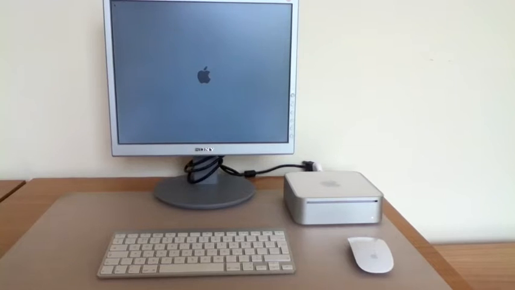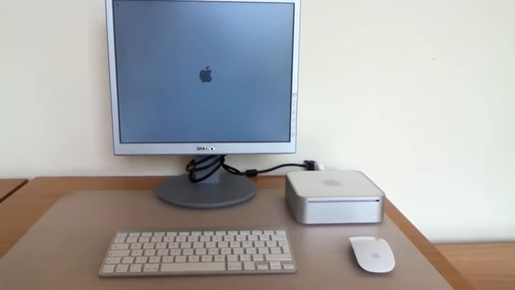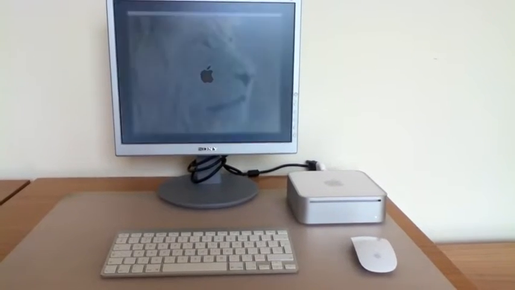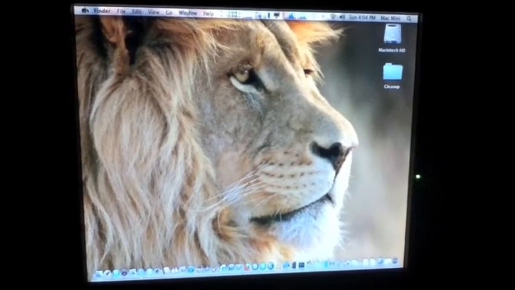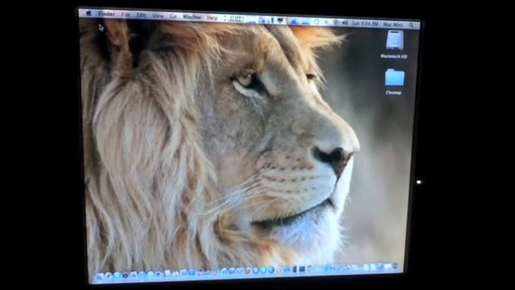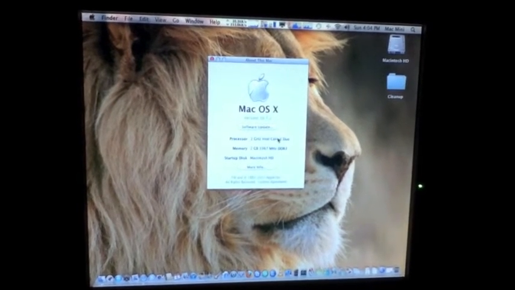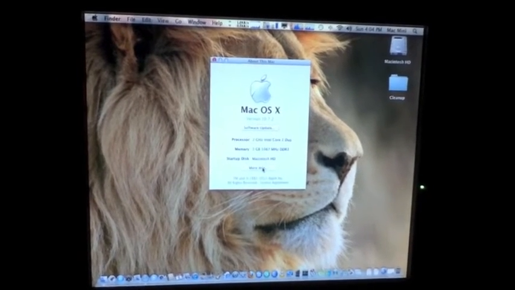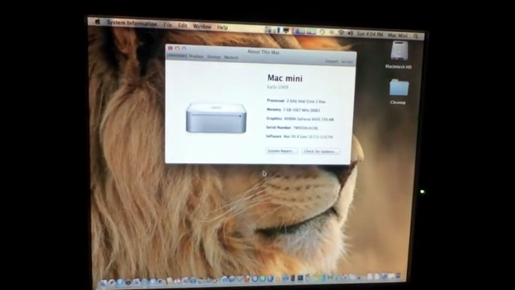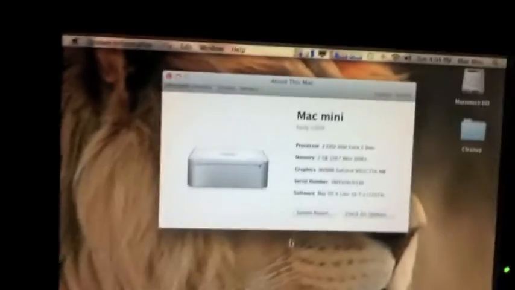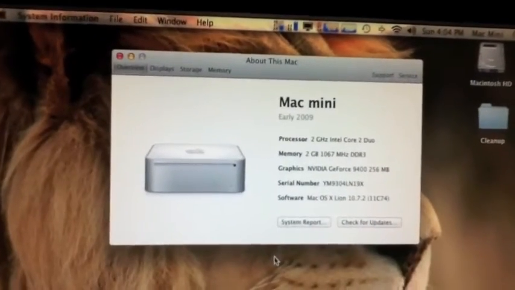Memory. Unlike the Mac Mini G4, the Intel-based Mac Mini uses a dual-channel architecture for memory. The original Intel-based Mac Mini uses 667 MHz DDR2 SDRAM, while models beginning with the early 2009 revision use 1066 MHz DDR3 SDRAM. The current mid-2010 revision supports up to 8 GB of memory.